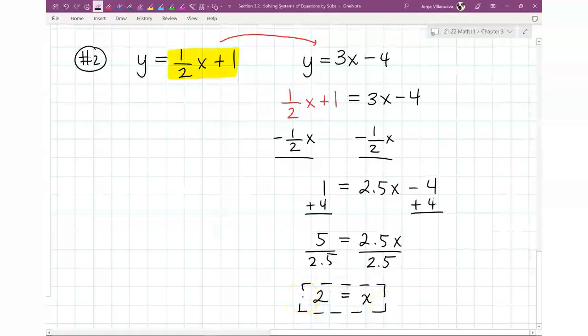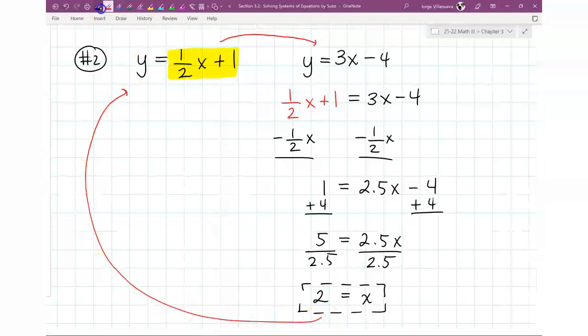So where do I put that answer? Where do I throw that x equal to 2? Yeah, put it back in where the yellow stuff is, right? The stuff that I used to plug in, you're going to put it back over there. So here we go. Y equals 1/2 times 2. That's my x value.